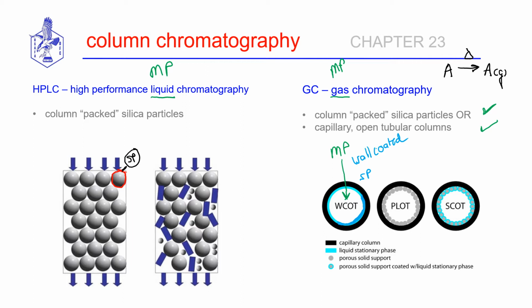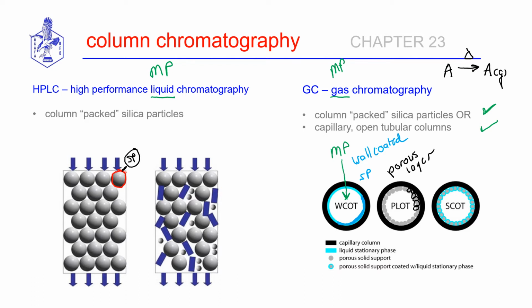Okay, if we want to increase the surface area of the stationary phase, we might place onto the surface little silica particles. So in a porous layer design, we have placed little silica particles onto the surface. So this is the porous layer open tubular column.